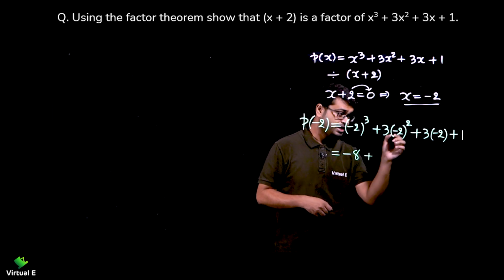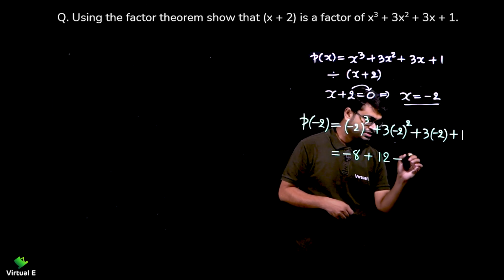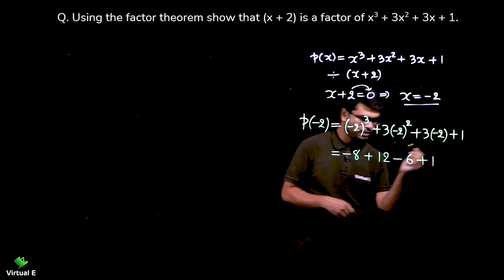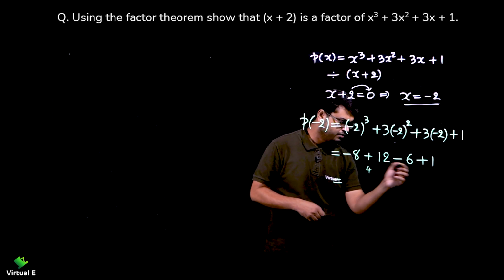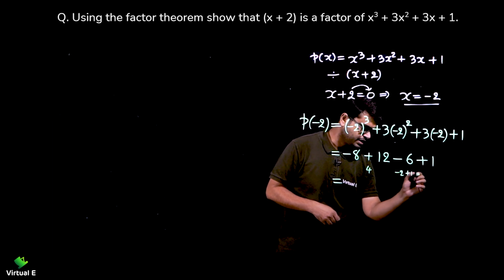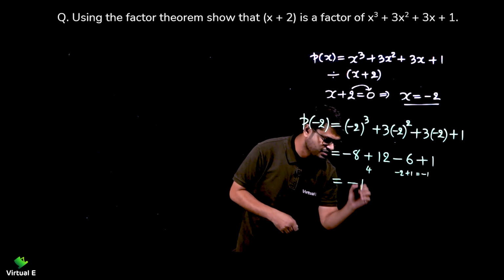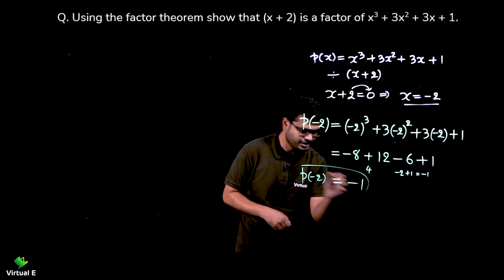Here minus 2 squared is 4, 3 fours are 12. Then it is minus 6 plus 1. So let's simplify. Here it is 4 minus 6, that's minus 2, plus 1 will give you minus 1. So the final answer is minus 1. p(minus 2) is minus 1.